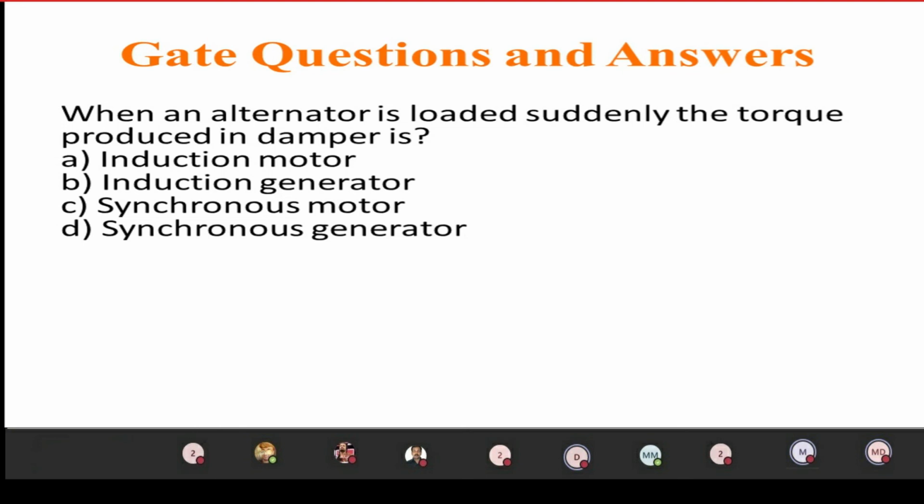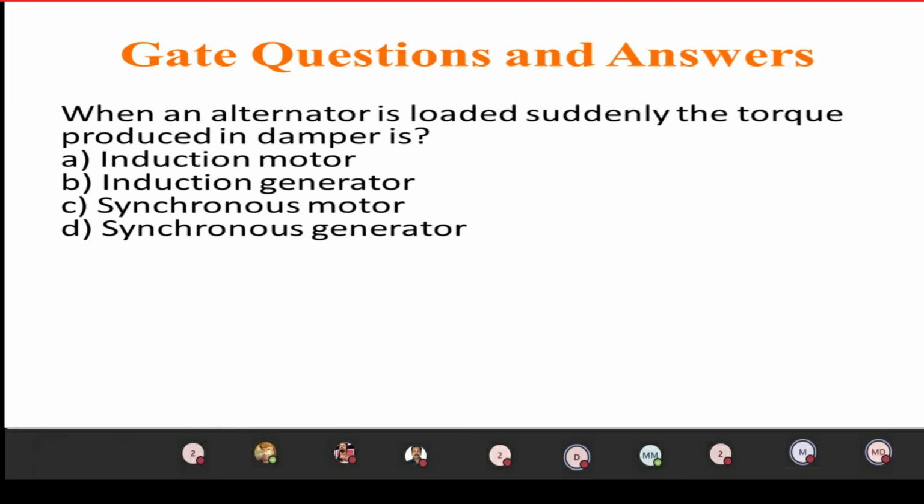Now the rotor speed will be reduced below the synchronous speed. Now the slip becomes positive, and due to that some current flows in the damper winding, producing torque. This type of operation is similar to the induction motor.